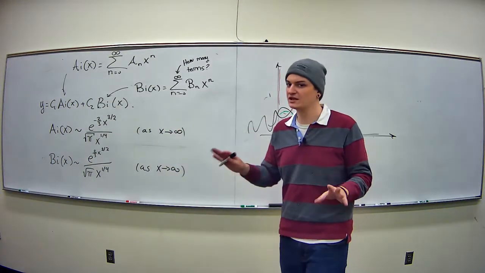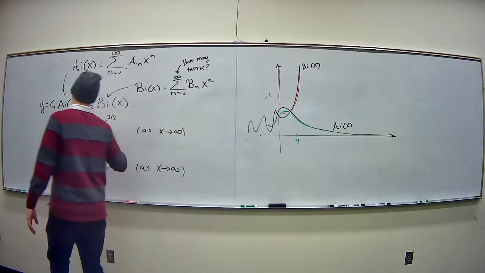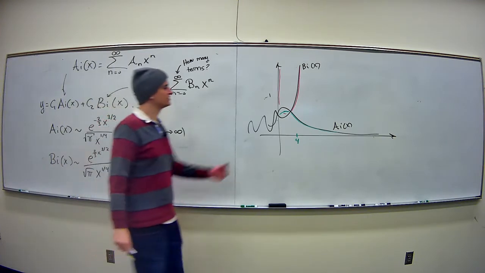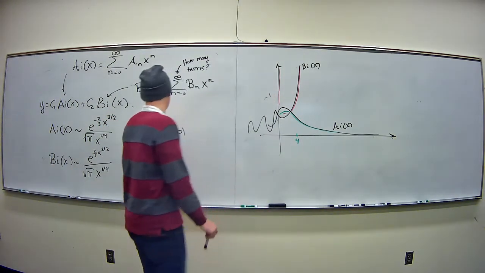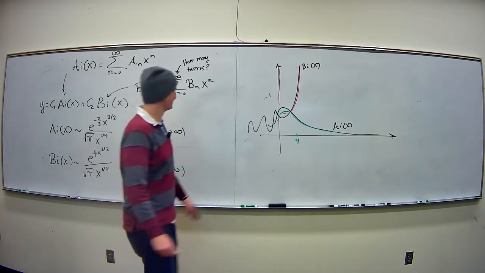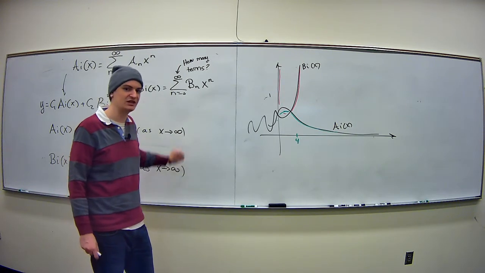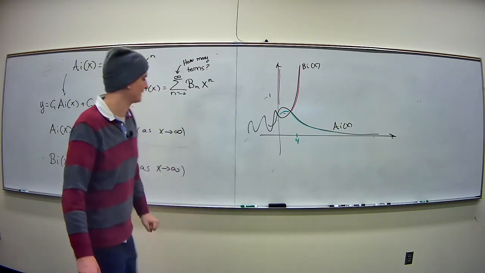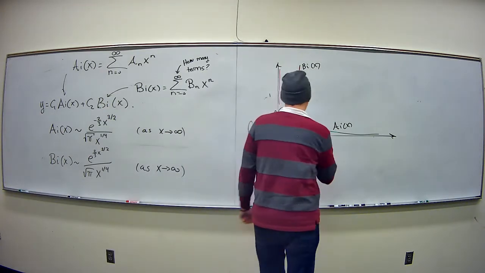Now 4 certainly doesn't sound like infinity to me, but that's usually how it works. The first term of these asymptotic expansions doesn't actually have to be at that large of a number to be a good approximation. So after value 4, error.